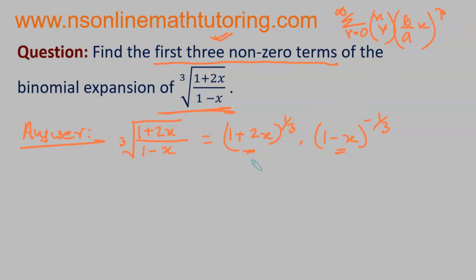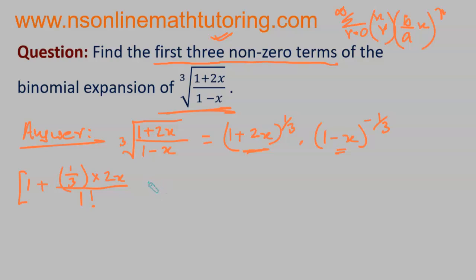Okay, so let us start with the first binomial expansion. First of all, r is equal to 0. For the first term, r is equal to 0, nC0 equal to 1, and this part is equal to 1, so the first term is equal to 1. Second term, r is equal to 1, so the denominator is 1 factorial, the numerator will be only 1 factor, and that will be equal to n, which is 1/3, times b over a, which is equal to 2, and 2x raised to the power of 1, which is 2x.